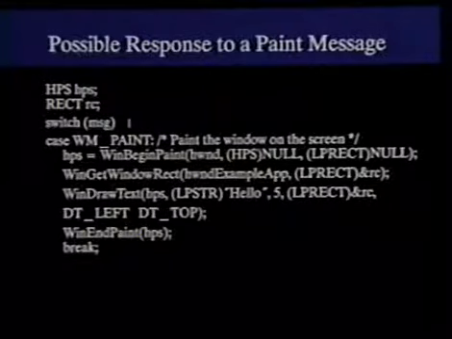So I make a call to WinDrawText, passing it the text that I want to draw and where I want to draw it in the rectangle. Using the information from the rectangle, I say do it at the upper left and the upper top. And if I did that, then this is what it would look like. So notice we now have the word Hello written in the upper left-hand corner of the client area.